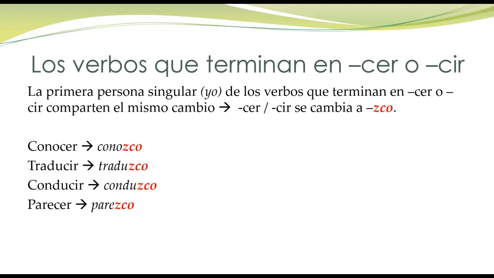And it's very similar to other verbs that also end in either CER or CIR, where the yo form changes to SCO. So a verb like, for example, traducir is traduzco. Conducir is conduzco. Parecer, parezco. Okay, so verbs that end in cer or cir, the yo form will be the SCO.